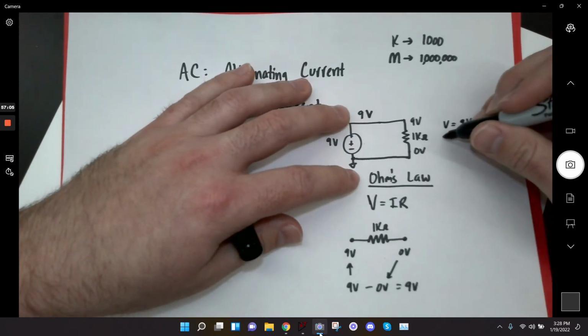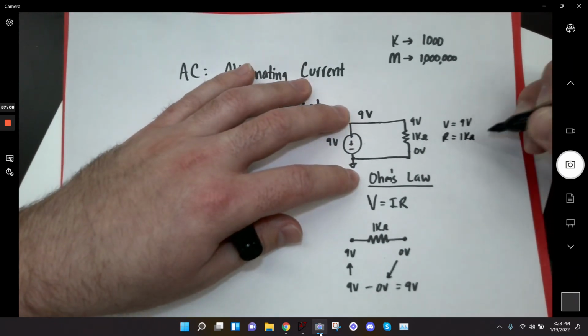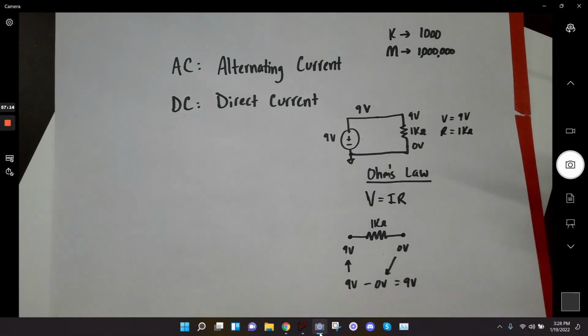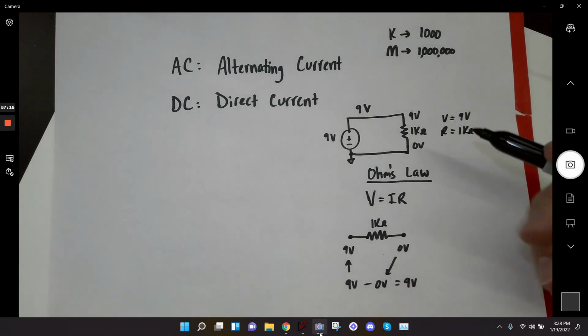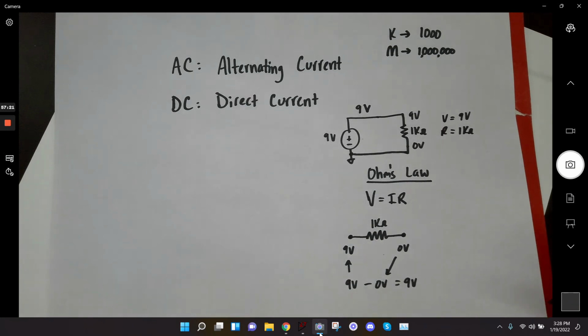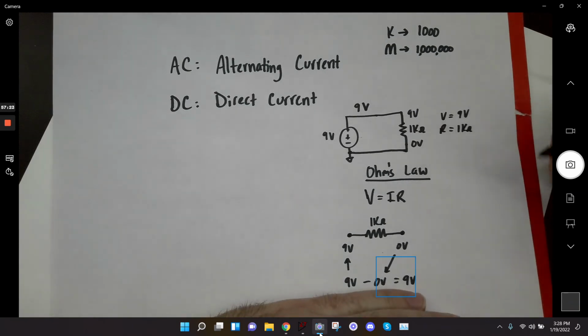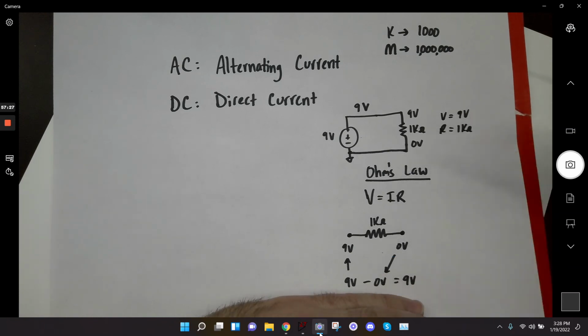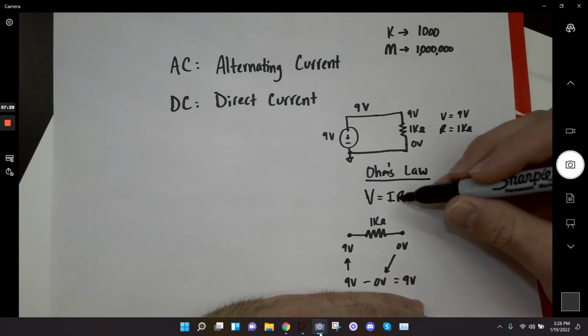I also know resistance is 1 kilo ohm. So now I can plug those into the equation and find out how much current is flowing in the circuit, specifically through the resistor, but in this case, since it's just one loop, it's the same current flowing. I'll talk more about that eventually. But just for now, we know V, we know R, we need to find I. That's what Ohm's law does.